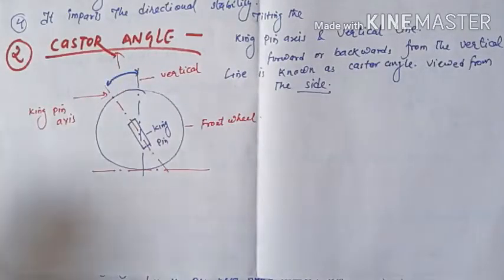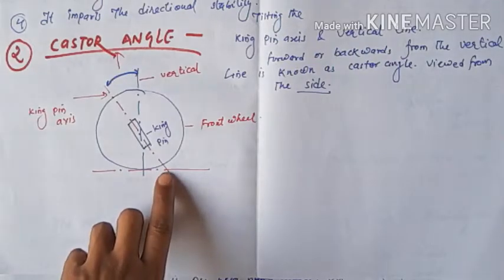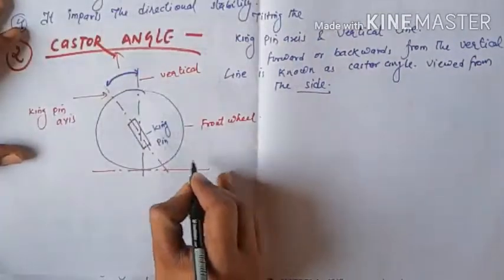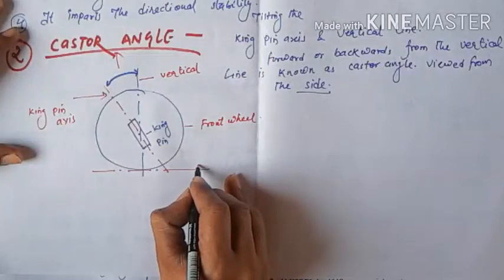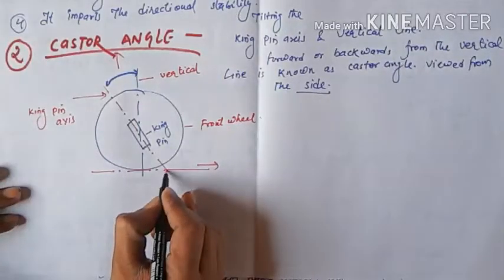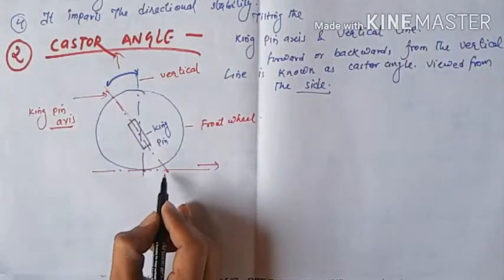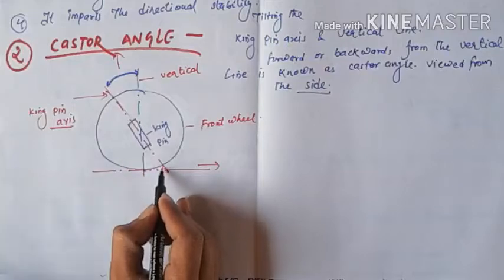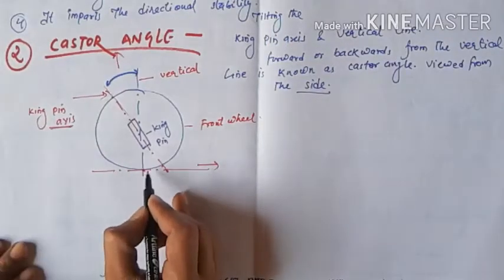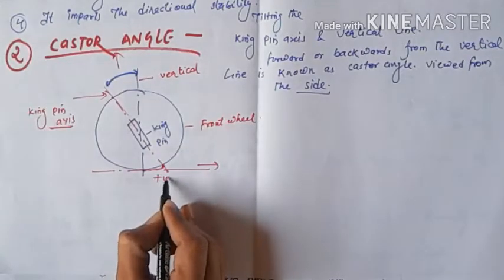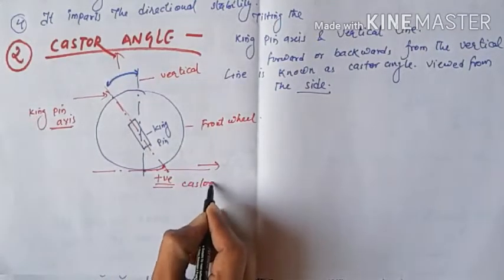So it can also be negative or positive, depending on the direction. If the kingpin axis, that means this, and the vertical line, are such that the kingpin axis is in front of or ahead of the vertical line, then this is called the positive caster.